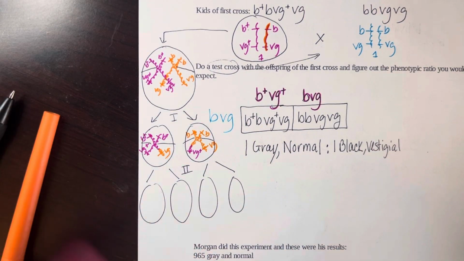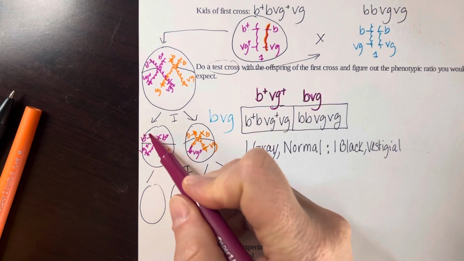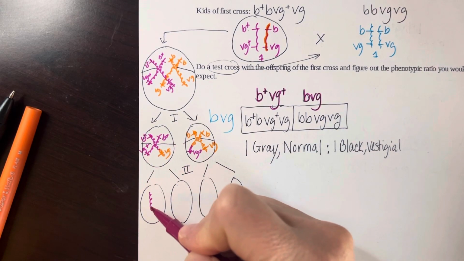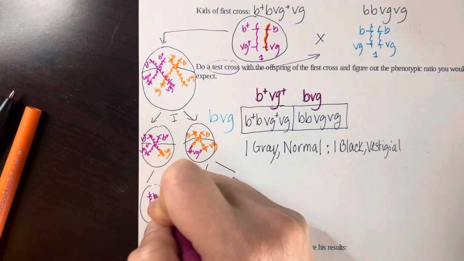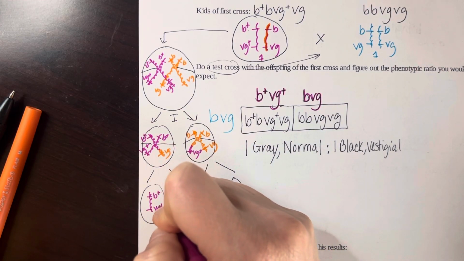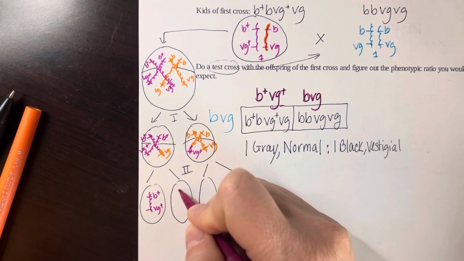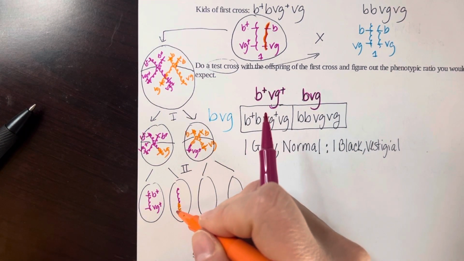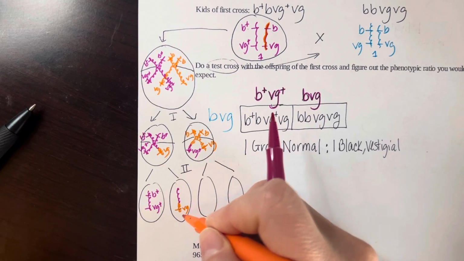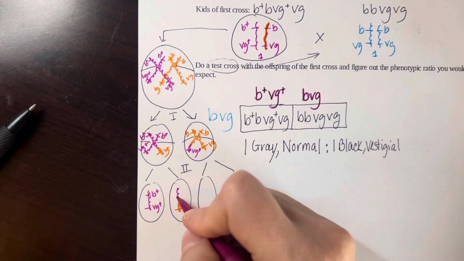What's going to be in this one? This single piece of DNA unravels into chromatin that has a B+ and a VG+. Over here, you're going to have the one with the orange end. That orange end is going to have a VG, and the pink is going to have a B+.